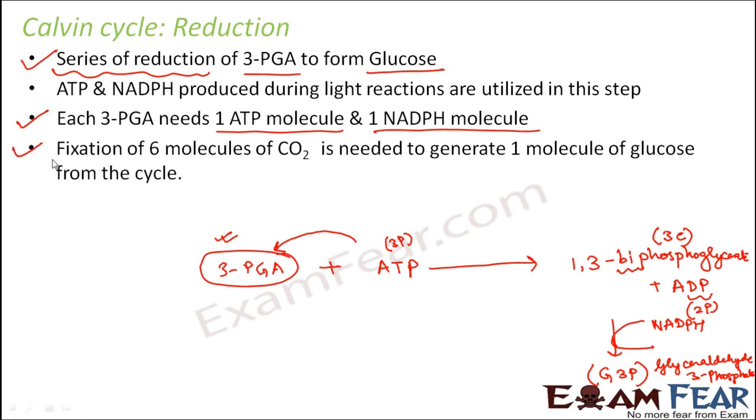Now, another important thing to note here is that fixation of 6 molecules of carbon dioxide is needed to generate 1 molecule of glucose from the cycle. If you want to produce 1 molecule of glucose, then 6 molecules of carbon dioxide should be fixed. That means 6 molecules of carbon dioxide should be added to RuBP.